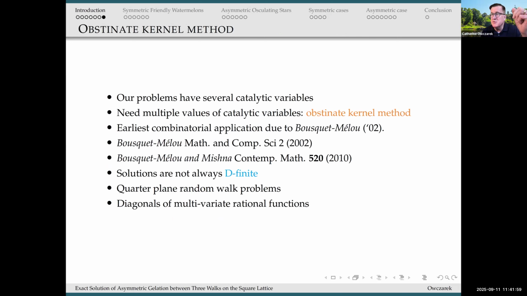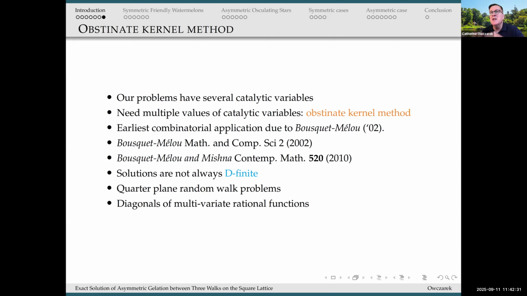It goes back to Mireille Bousquet-Mélou and Petkovšek, and there's a paper in 2010 with Marni Mishna and Mireille, which is a nice summary of that work. The solutions are not always D-finite, so it does go beyond the things that you can solve with the Lindström-Gessel-Viennot theorem. It's related to various things that you may have heard of, such as diagonals of multivariable rational functions.